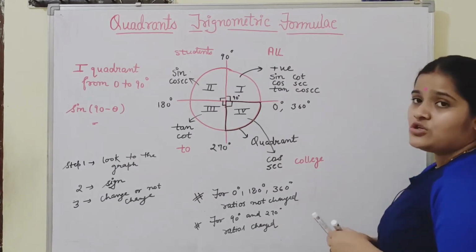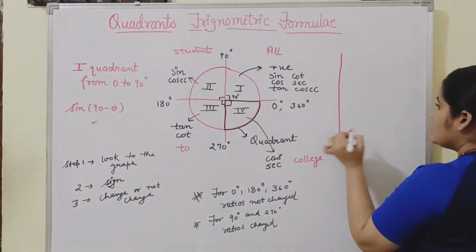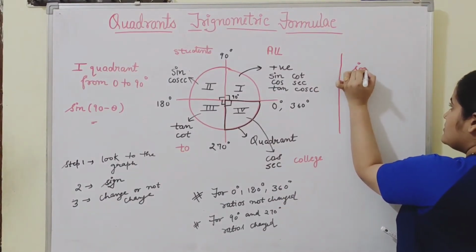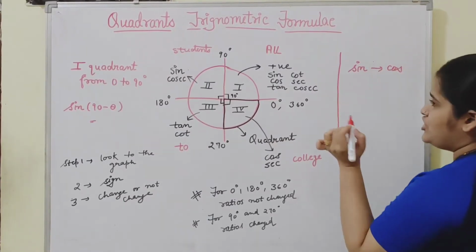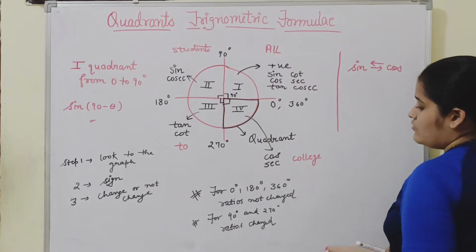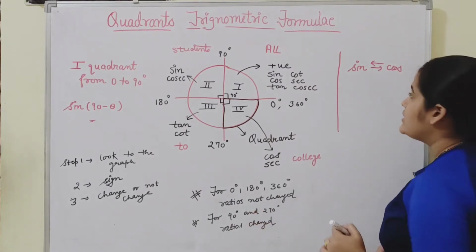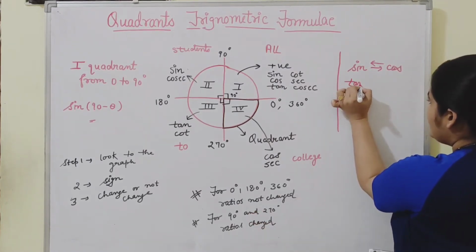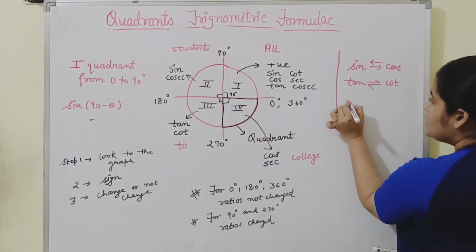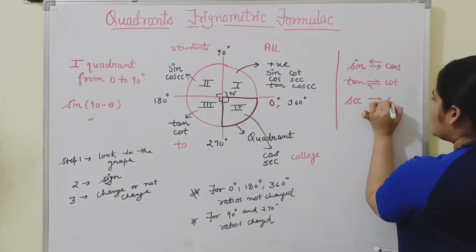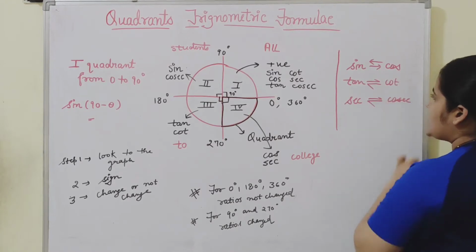So how are ratios changed? Sine is changed into cos and cos is changed into sine, for 90 degree and 270 degree. Tan is changed into cot and cot is changed into tan. Sec is changed into cosec and cosec is changed into sec.